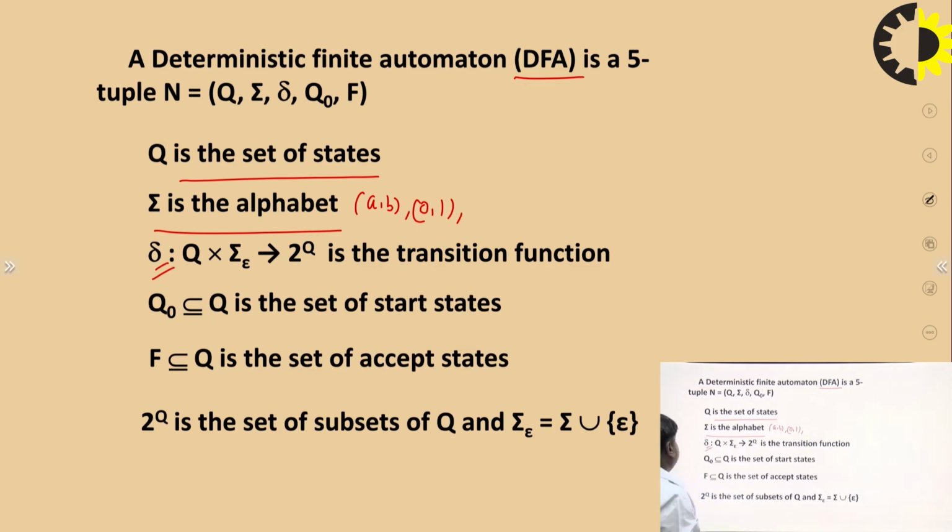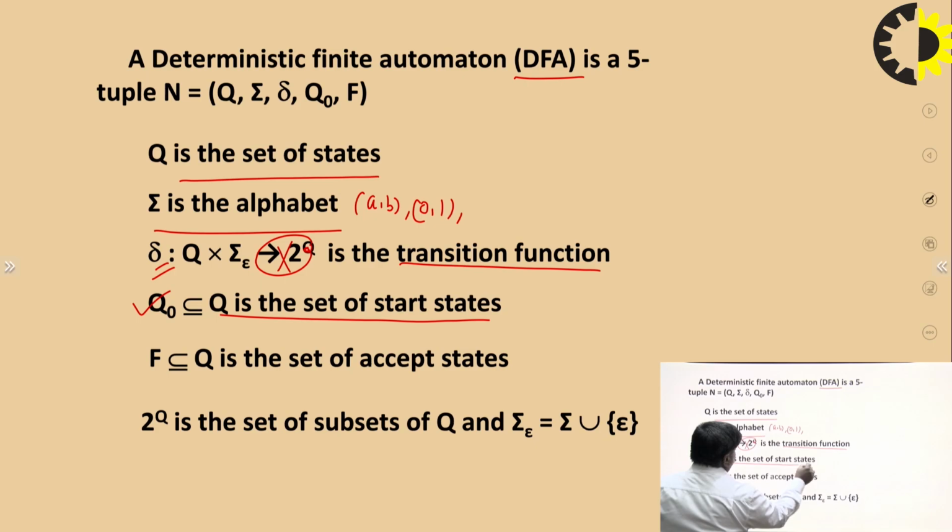This is known as the transition function of the DFA, where Q is a sigma. This one is the initial state, and F is a set of the final states.